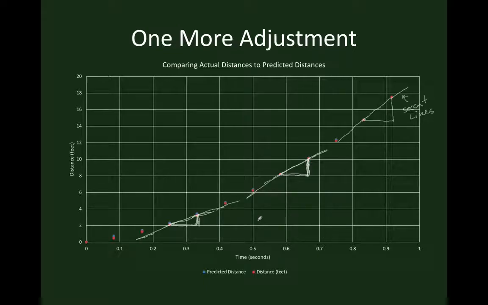Now, one of the things that I got interested in was what these actual average speeds were. So I just created a simple table, and for this first column, I calculated what I'm calling delta time, or the change in time from one time interval to the next.